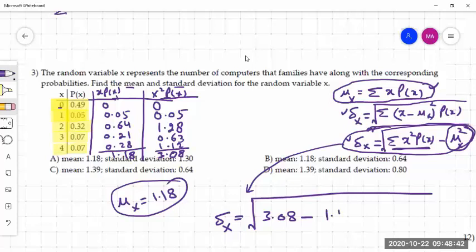So 1.18 squared. When you simplify, this turns out to be 1.299. So this is your standard deviation. The mean is 1.18 and the standard deviation is 1.299.